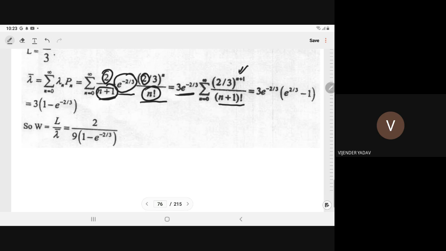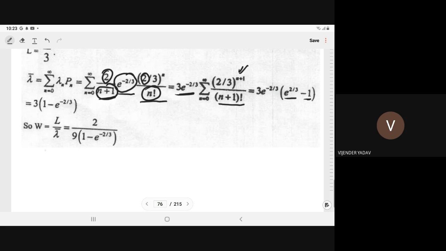For this, any doubt? Again, this is the exponential series, that can be written as e to power 2 by 3 minus 1. If you multiply e to power minus 2 by 3 inside, here we have 3 into 1 minus e to power minus 2 by 3.